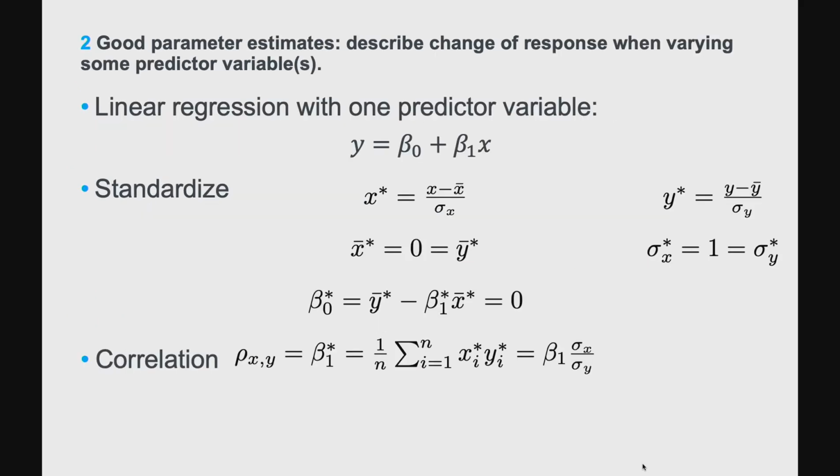Now, what if we want to have a good parameter estimate? How can we characterize that? So let's just look at the simplest linear system we could have. The simplest linear system would be y equals beta 0 plus beta 1 x. And the x's are from an arbitrary interval, of course. We can standardize this whole equation.